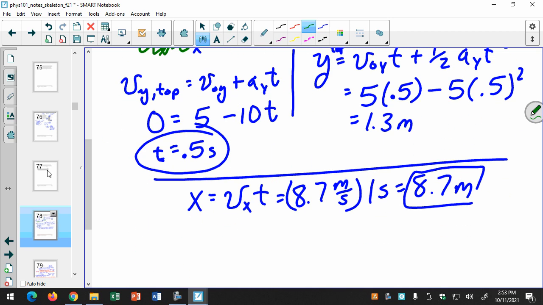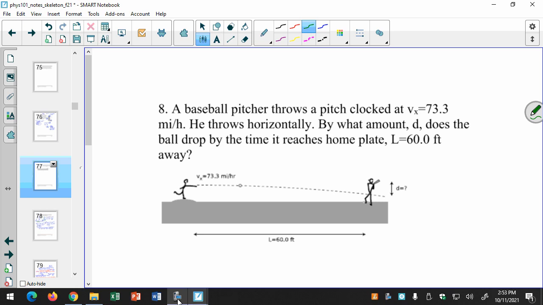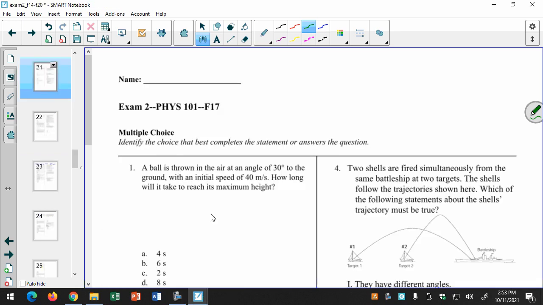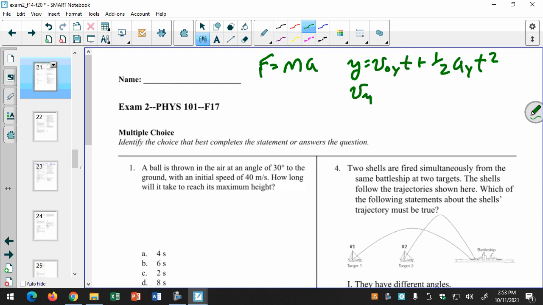Oh, sure. Yeah. Just take F equals ma. There are the kinematics equations. Y equals v naught y t plus 1/2 ayt squared, and vy equals v naught y plus ayt.